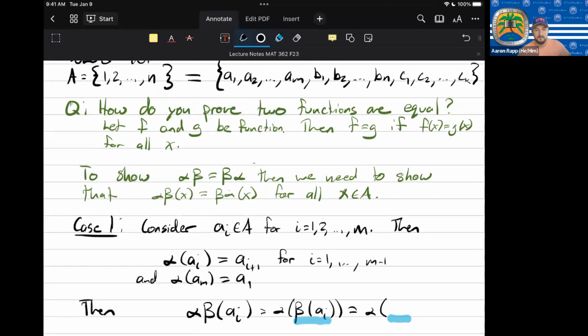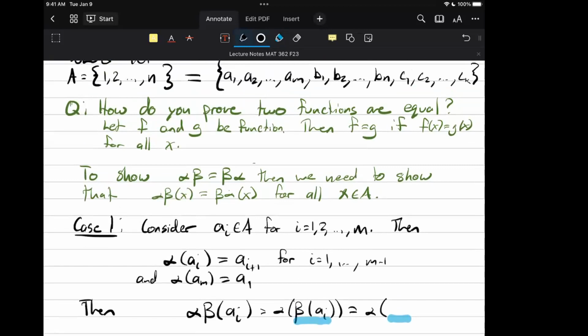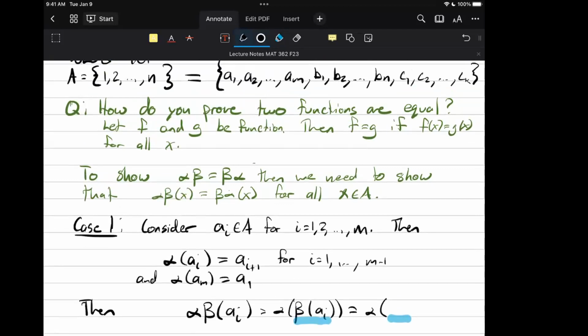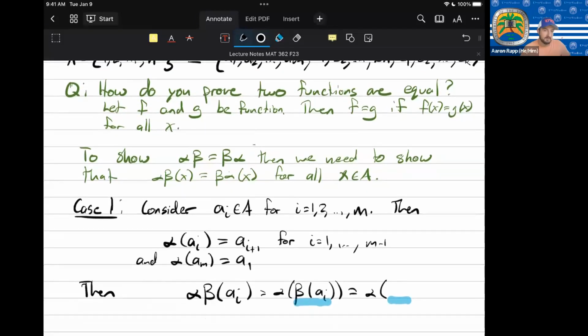Well, what do we know about those two cycles, alpha and beta? They're disjoint. So anything that alpha would act upon, does beta act upon it? No. And what I've done is set up this case so that I'm now passing through beta something that alpha would act upon.